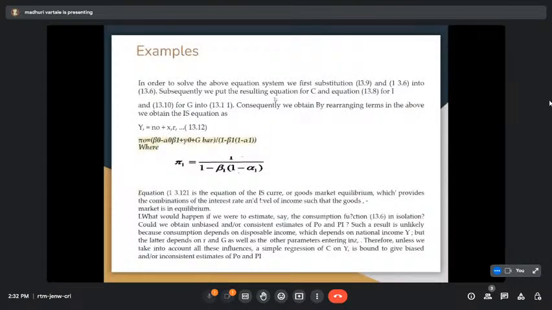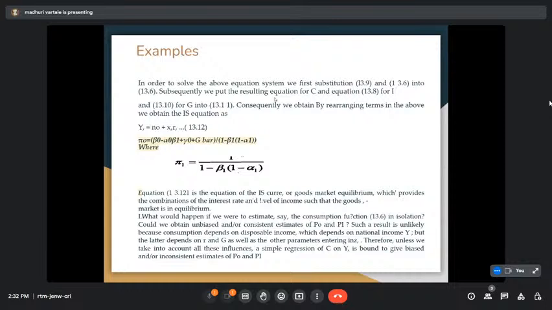Okay, that is Y is equal to pi 0 plus pi 1 R, where pi 0 is equal to beta 0 minus alpha 0 beta 1 plus lambda 0 plus g bar, divided by 1 minus beta 1 into 1 minus alpha 1, where pi 1 is equal to the reciprocal of 1 minus beta 1 into 1 minus alpha 1.